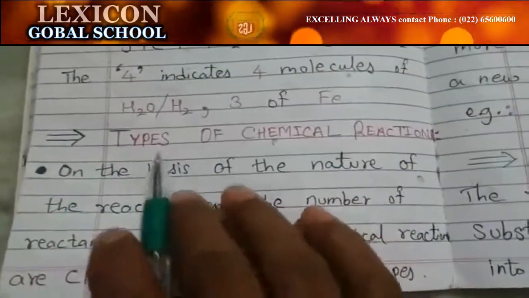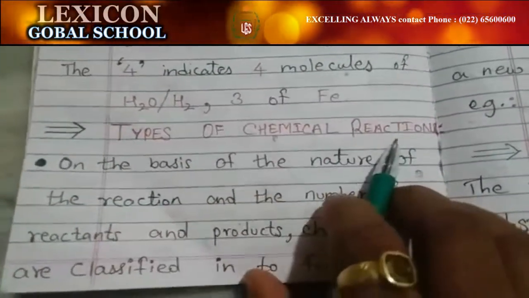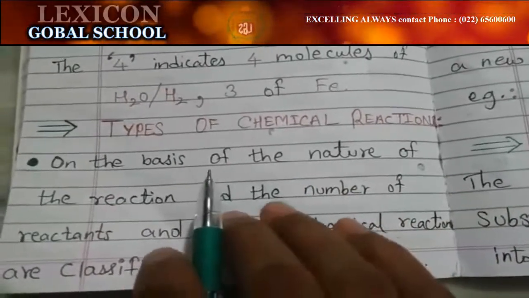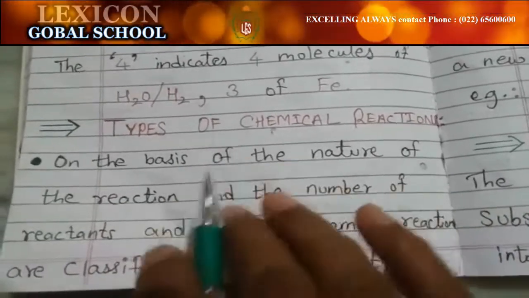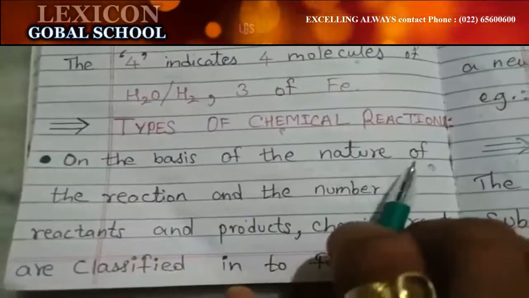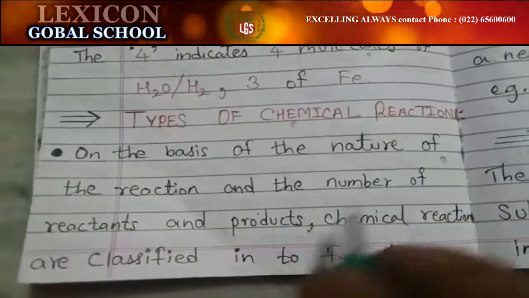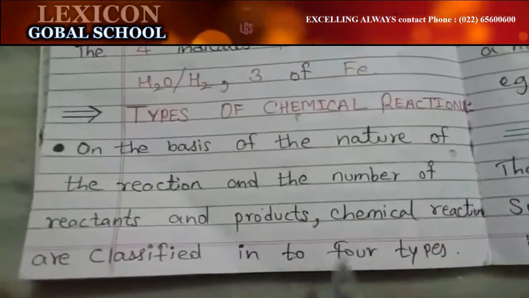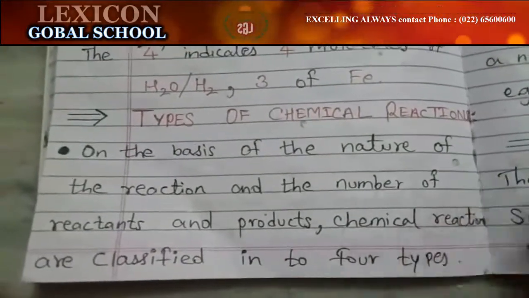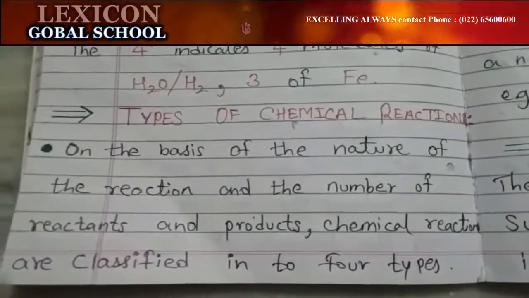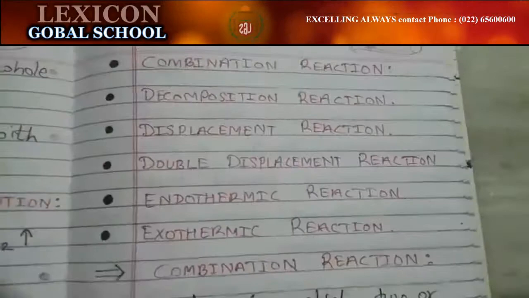Now we will see about types of chemical reactions. Reactions have types, about 5 types. On the basis of the nature of the reaction and the number of reactants and products, chemical reactions are classified into 4 types. Especially they are classified into 4 types, and we can classify them into more types also. We'll discuss that later.